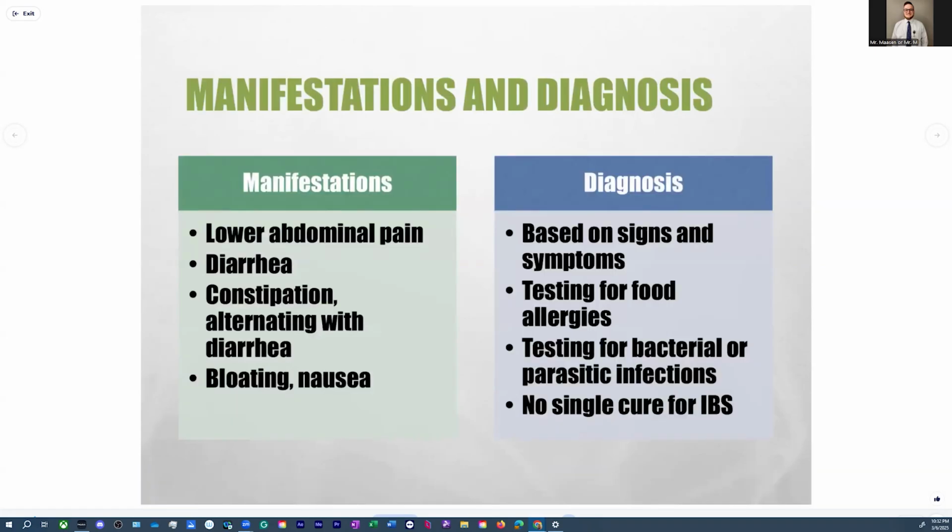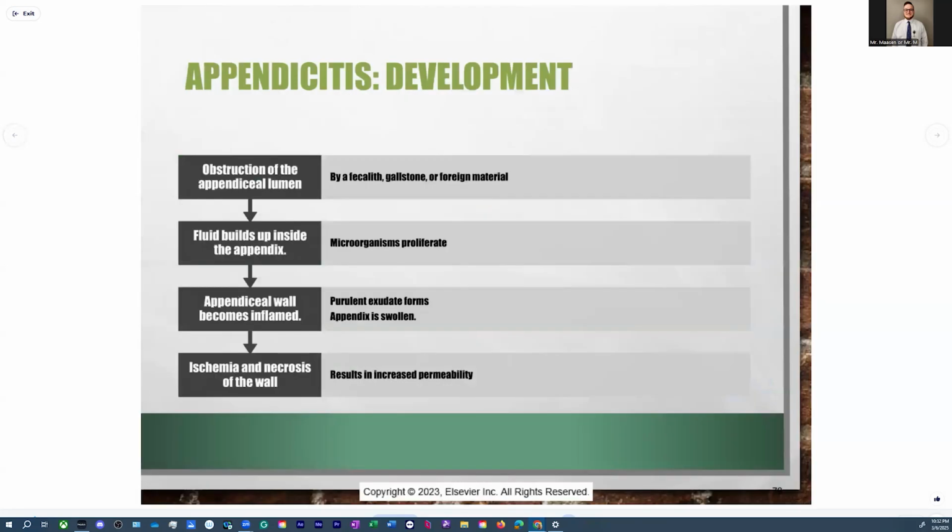Diarrhea is the main symptom associated with Crohn's and ulcerative colitis, the inflammatory bowels. Irritable bowel syndrome is more inclined to have periods of constipation with periods of diarrhea, a mix of both. There's no single cure for IBS, but there are meds and treatments and lifestyle modifications, that sort of stuff.